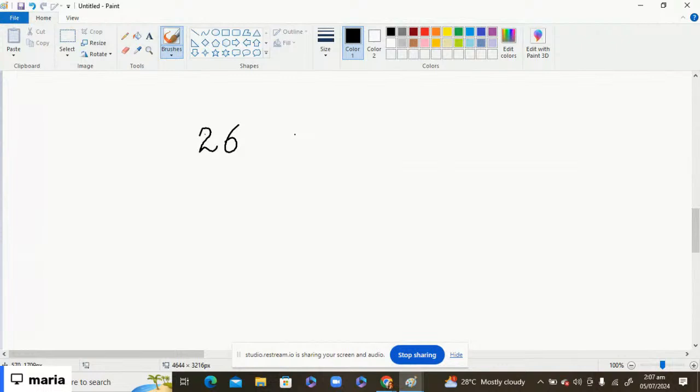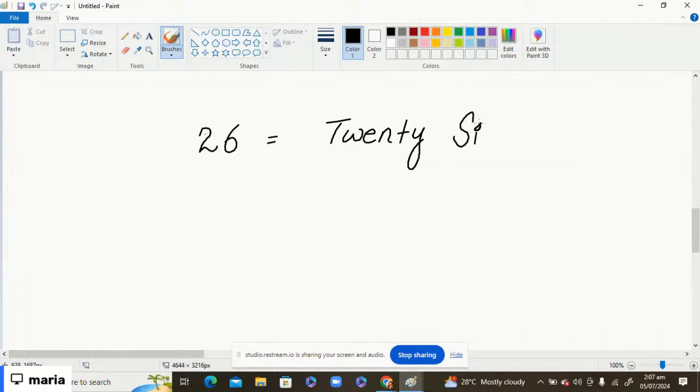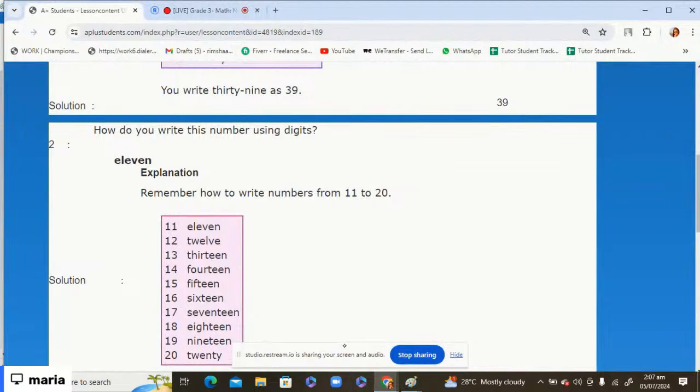You guys take out your notebook and pencil and write down all the things over there. So what are the spellings of 26? 26 spellings are T W E N T Y S I X. Okay, these are the spellings of 26. Got it? Now let's do the test questions.